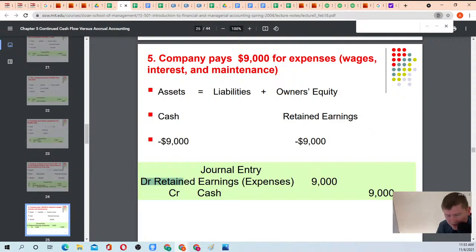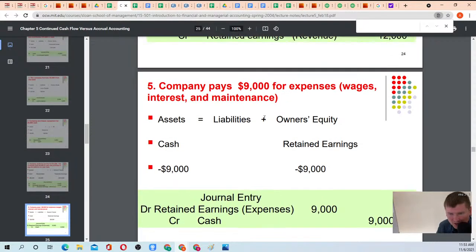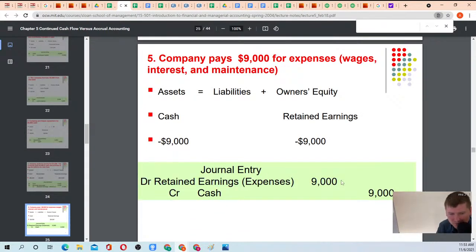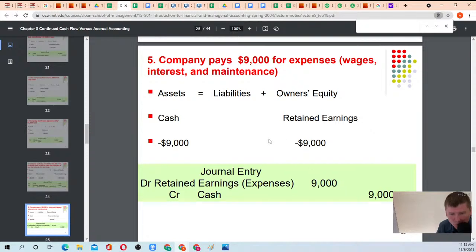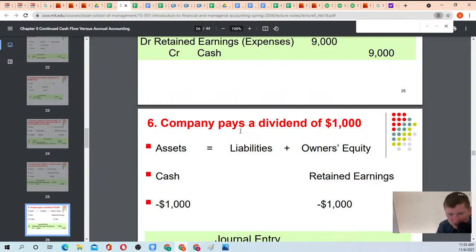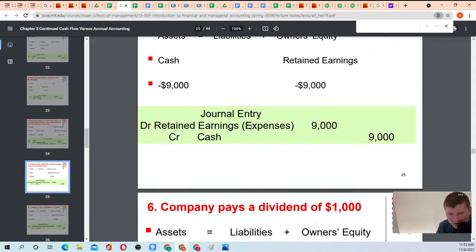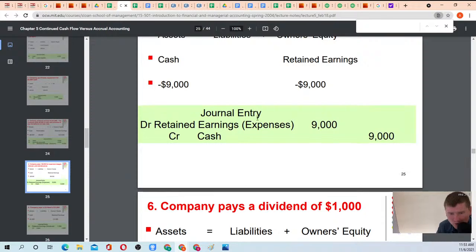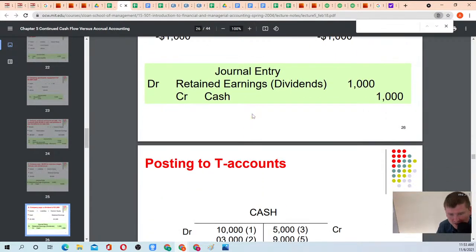So for some reason they debit retained earnings here and credit cash, but we know that that should be debit some kind of expense, wages. That entry just looks like it was not posted correctly, but eventually it will go into retained earnings when we close the month.